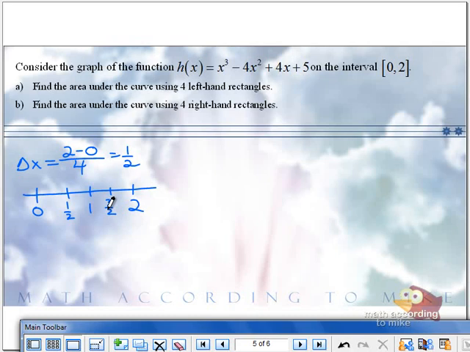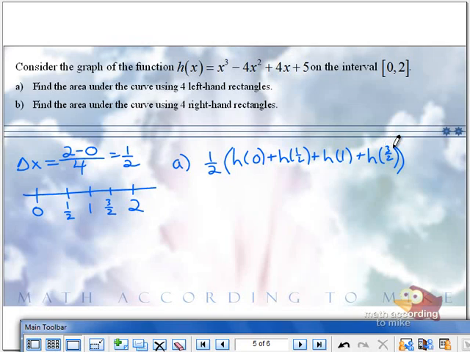If you want, since the widths are all 1/2, you can put the 1/2 on the outside and then just add up the lengths on the inside. Just make sure you multiply your final answer by 1/2. So in part A, you'll have h of 0 plus h of 1/2 plus h of 1 plus h of 3/2.